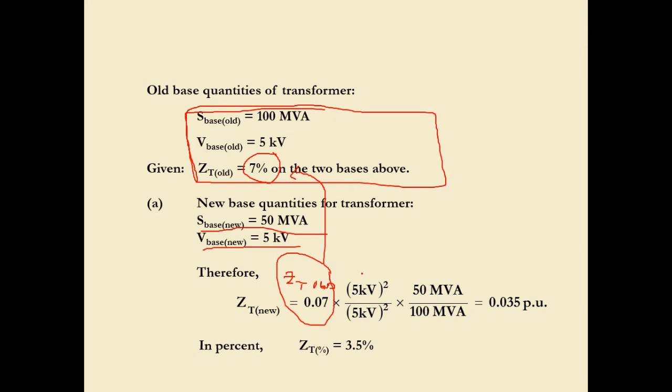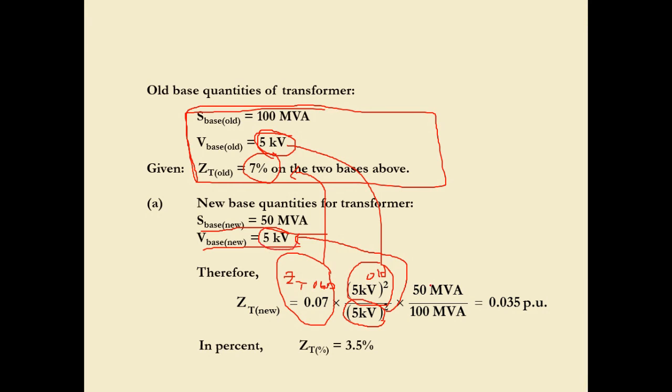And then this is the old V. So old V is taken from the transformer voltage rating, 5 kV, over the new voltage base, which is coincidentally the same value, 5 kV.